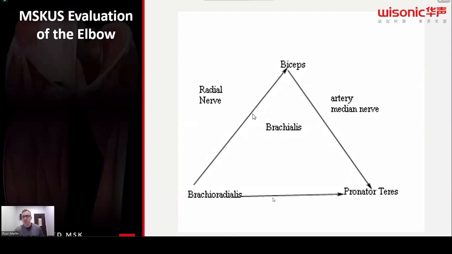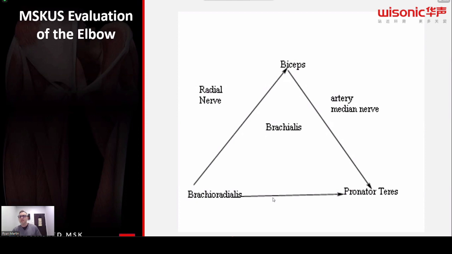When looking at the triangle, let's look at the apex here. Starting with the biceps brachii, the musculotendinous junction and the tendon are going to be up at the top. Looking down to the lower right-hand side of the screen, on the medial side, we're going to see the pronator teres. Okay, moving along to the lateral side, we'll see the brachioradialis.